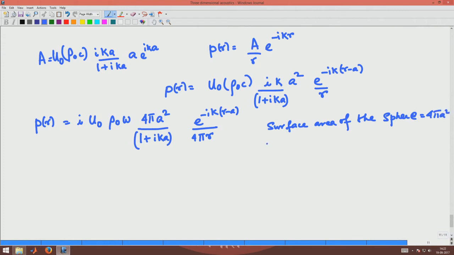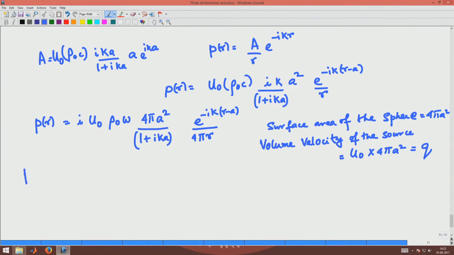So, therefore, we define a term which is called the volume velocity of the source, and the volume velocity of the source is defined to be this radial velocity of the sphere multiplied by the surface area of this sphere, and we will denote it as small q.